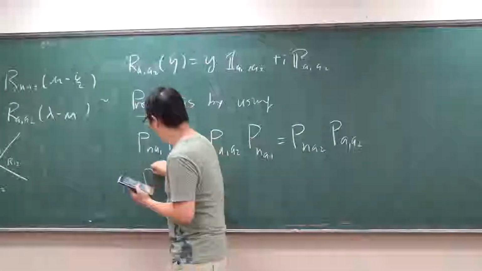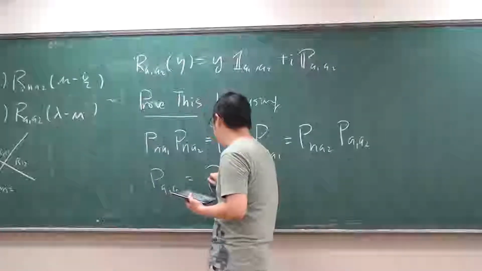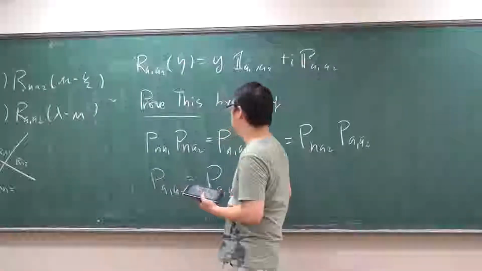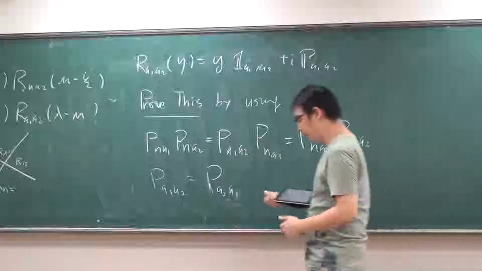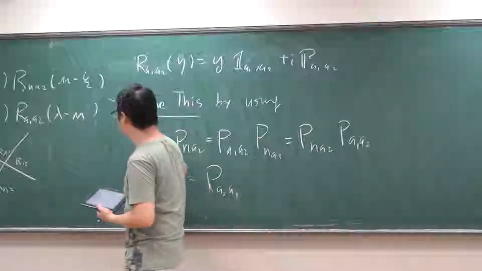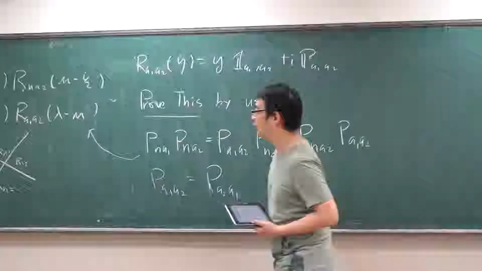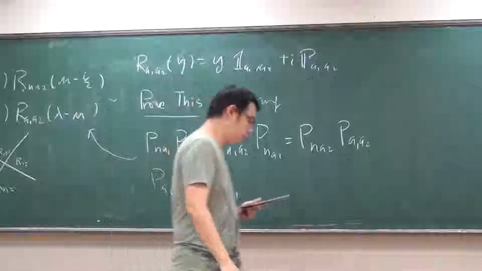And of course, if you exchange the two spaces one way, it should be equal to the exchange operator, the permutation operator. So it is this one. So you can use this and the definition of the R matrix to show this fundamental commutation relation.